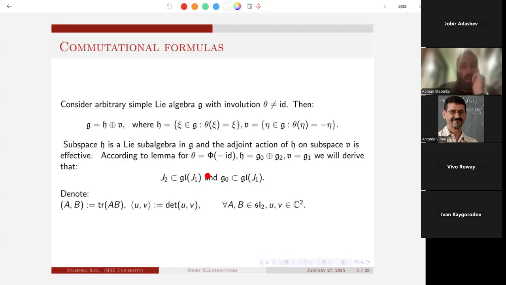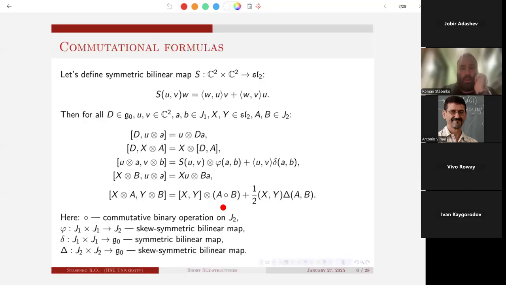So if we denote the parenthesis as the trace of the product, and this bracket as the determinant of the 2 by 2 matrices, we can give the next formulas. Let's introduce some notation. We denote by S such a bilinear map from the product of the two-dimensional space on itself into SL2, as you can see with this formula.